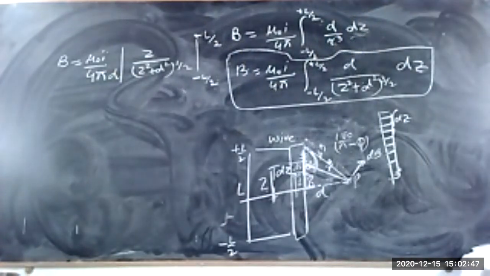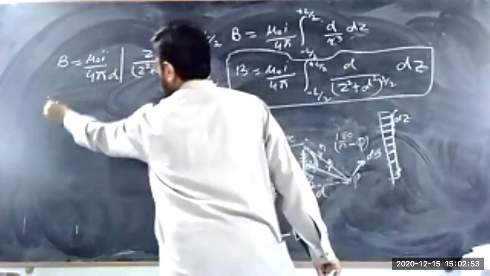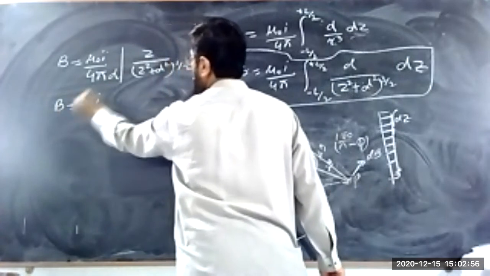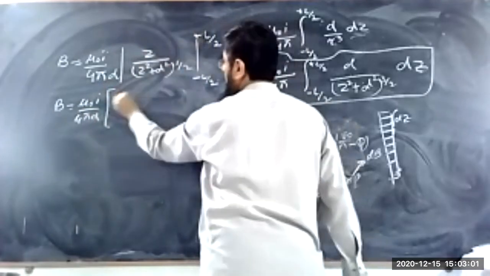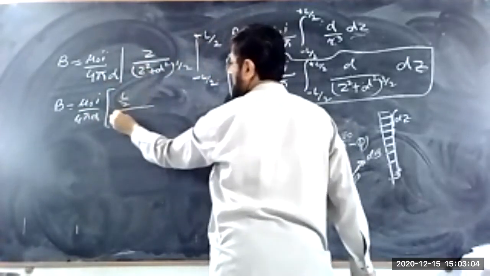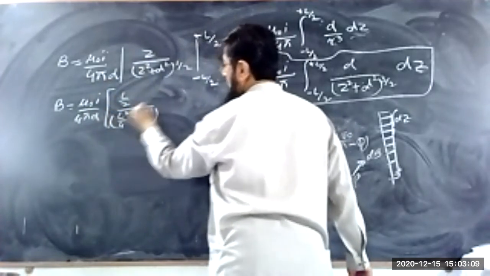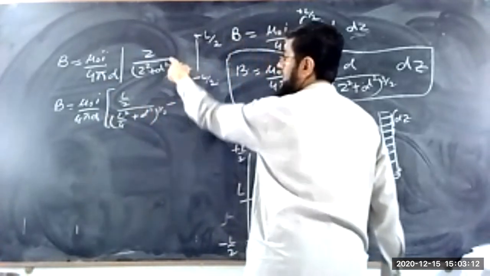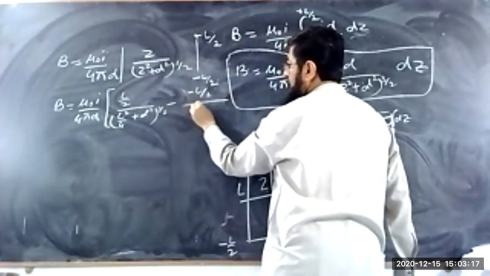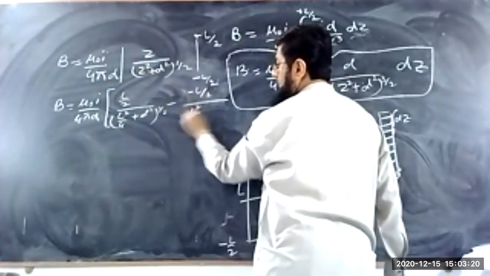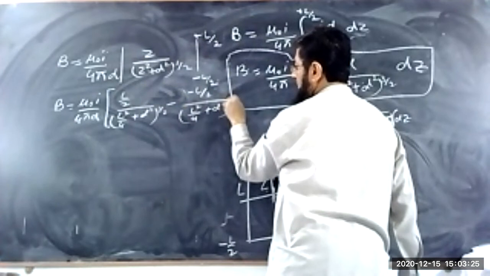So B is equal to mu naught I over 4 pi d, with z equal to L by 2: L by 2 over (L square upon 4 plus d square) power 1 by 2, minus the lower limit, minus L by 2 over (L square upon 4 plus d square) power 1 by 2.